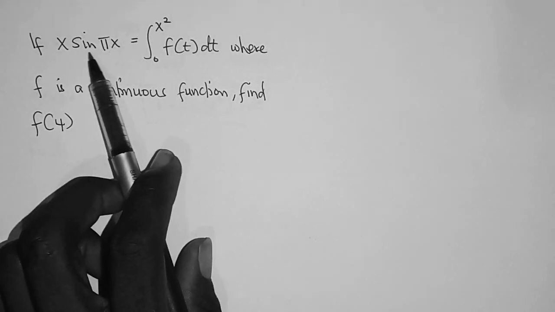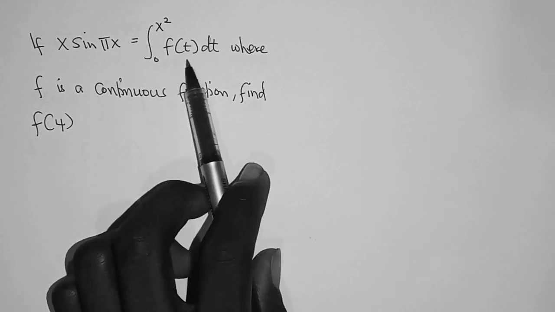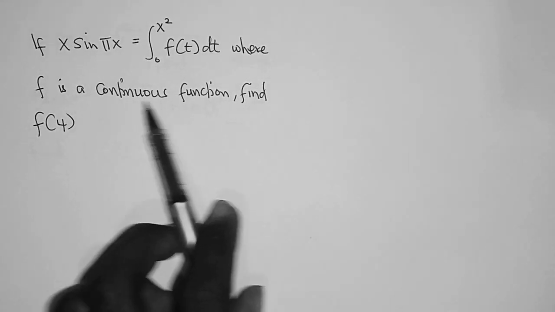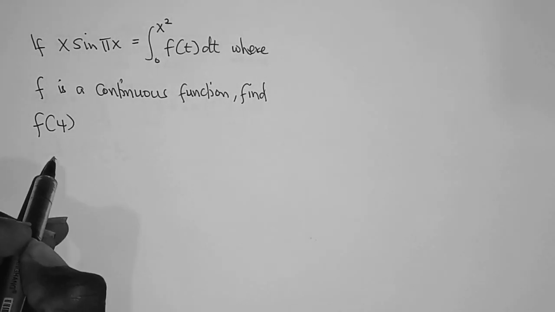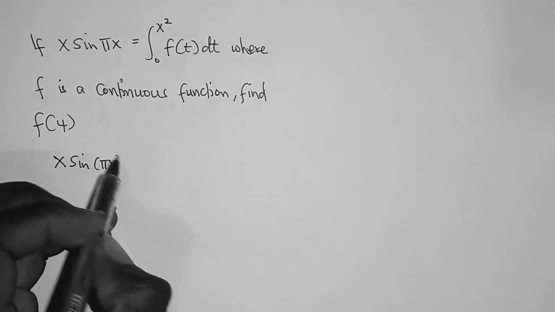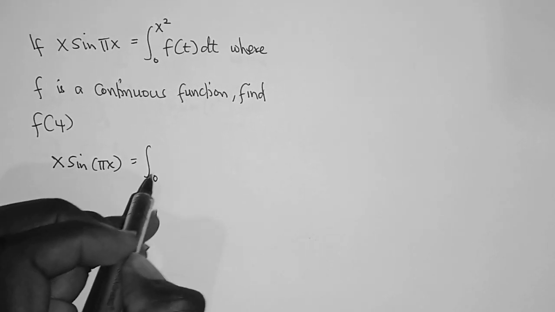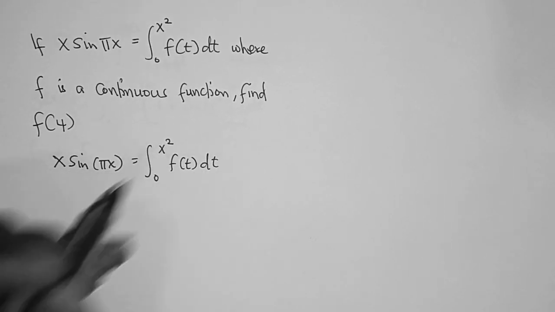If x sine pi x equals the integral from 0 to x squared of f of t dt, where f is a continuous function, find f of 4. So the equation is x sine pi x equals the integral from 0 to x squared of f of t dt.